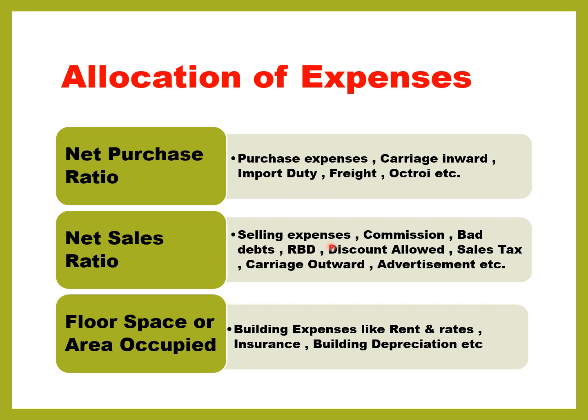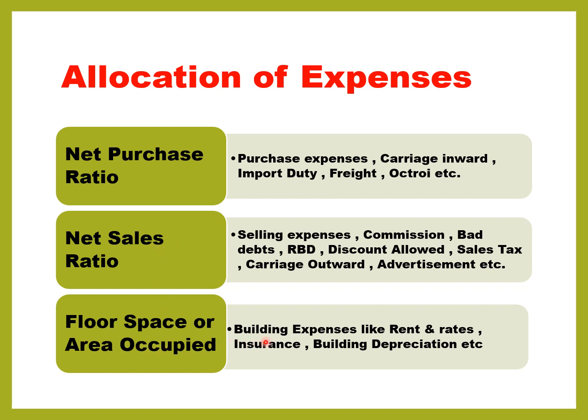Selling expenses include commission paid to the brokers, bad debts, RBD, discount allowed, sales tax, carriage outward, advertisement, etc. So all sales expenses are to be distributed in sales ratio.